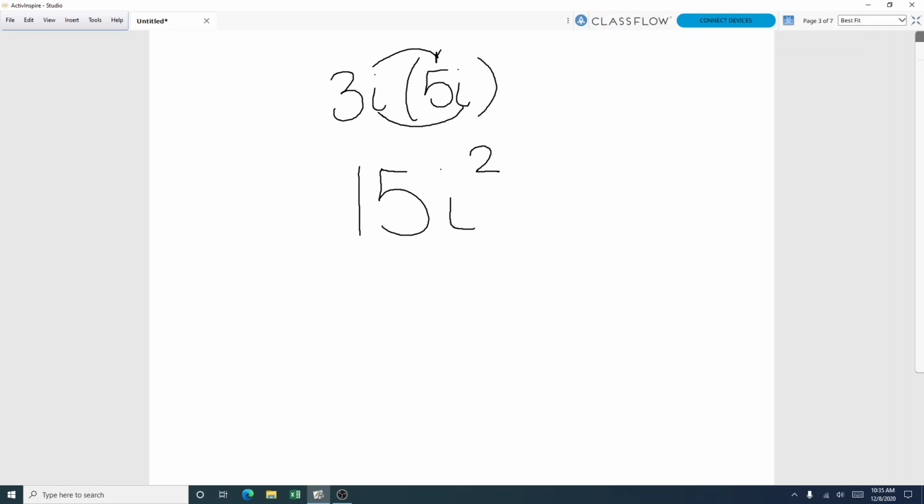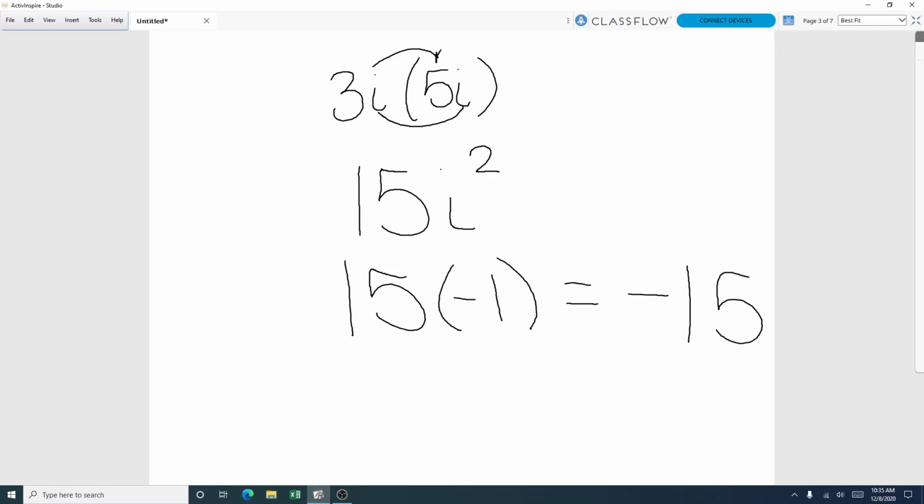So I change that i squared to -1. So my answer is actually -15. Okay? That's the difference today. We got to change that i squared to -1. Okay, so that's a simple, easy, basic one.